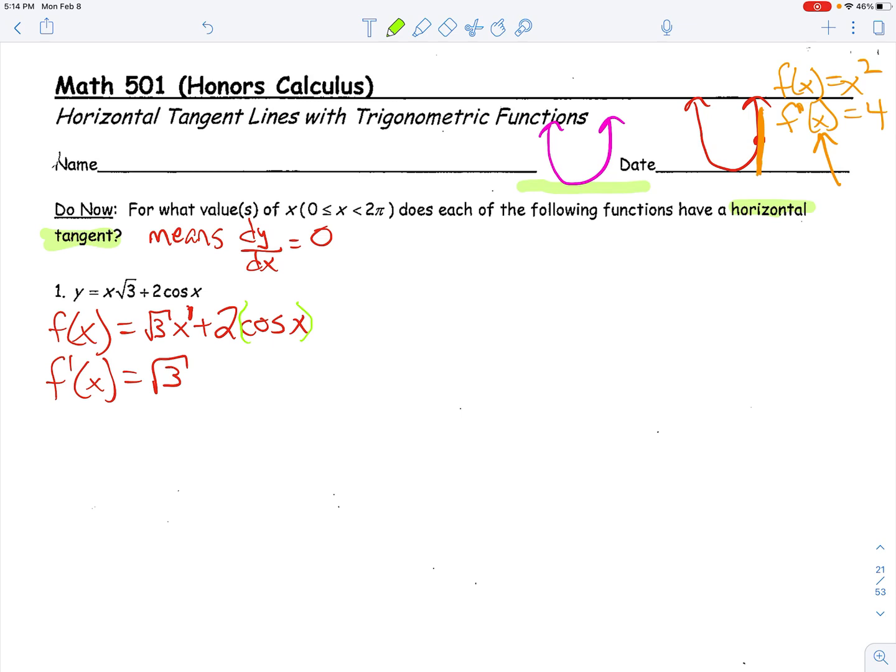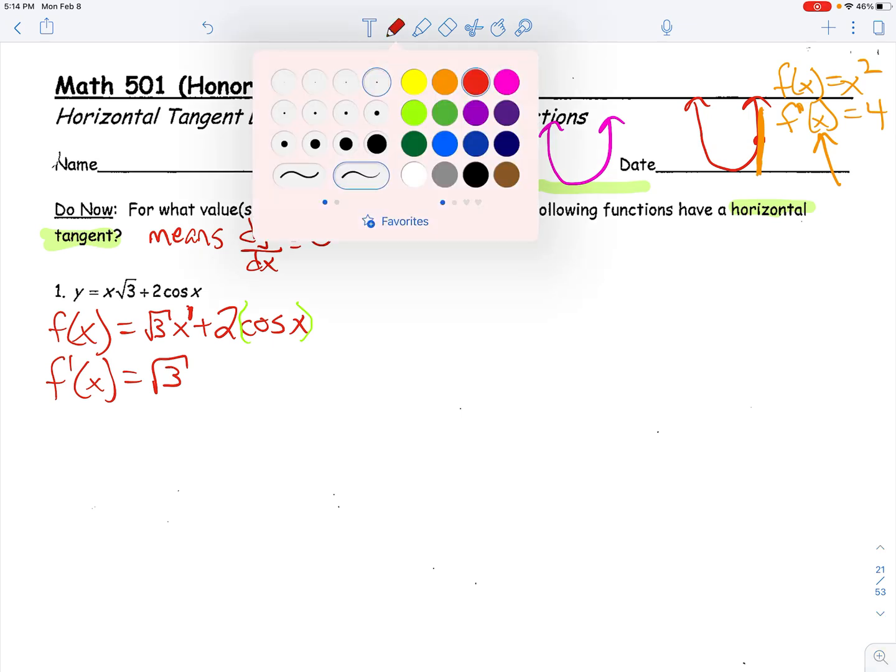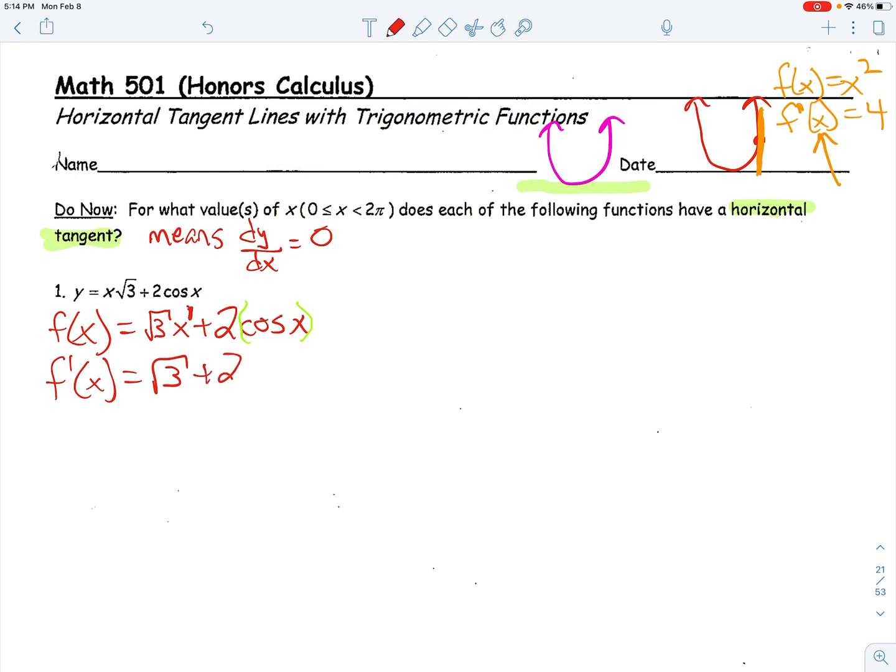Plus 2 cosine of x: take the derivative of cosine of x and just times it by 2. That's what I do. Plus 2 times negative sine of x. Isn't that the derivative of cosine?